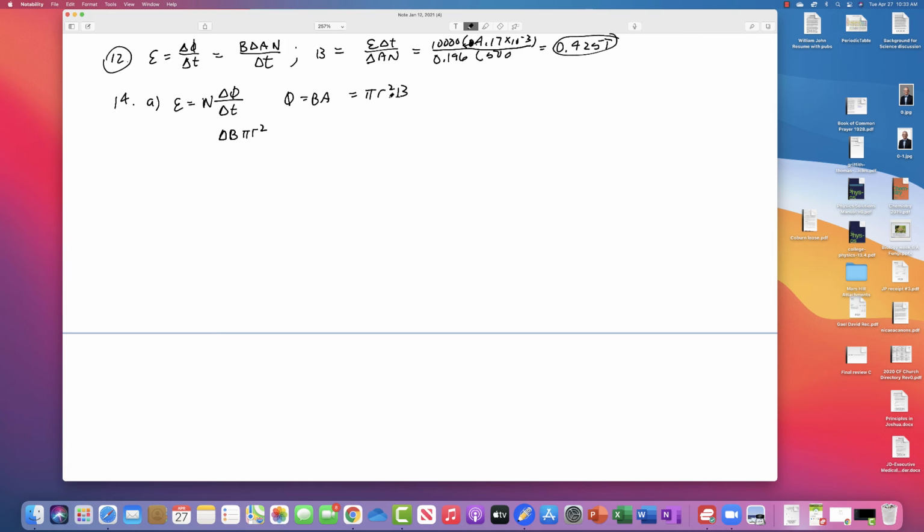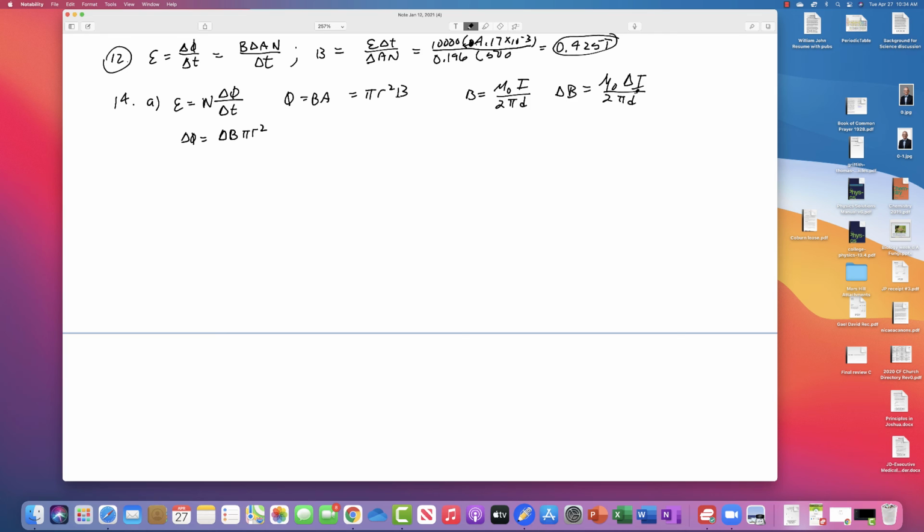Because the B varies, in the problem it says that the B varies over time. So B is equal to mu 0 times I over 2 pi d, where d is the distance from the loop. So delta B, what varies is the amperage. It dissipates when a lightning bolt strikes.